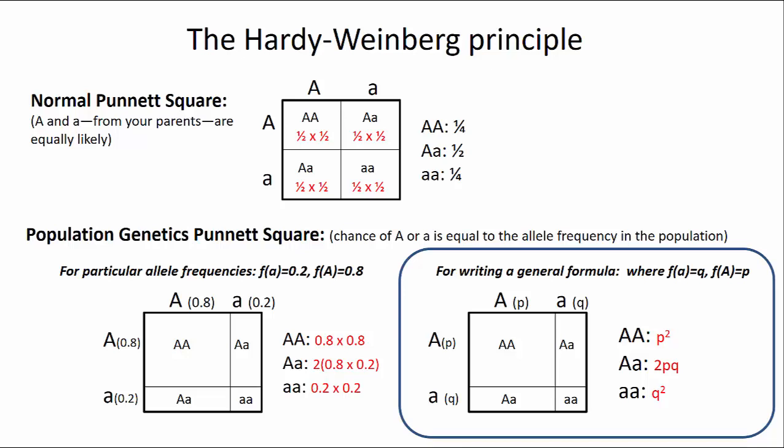One other thing I'll mention is that I drew the Punnett square in these examples asymmetrically because in this case, and very frequently in the general case, the frequency of the two alleles in the population is different from each other, and specifically, big A is more abundant than little a.